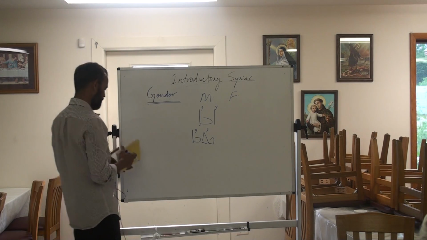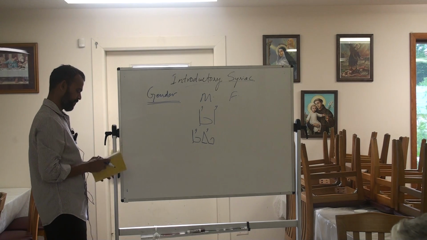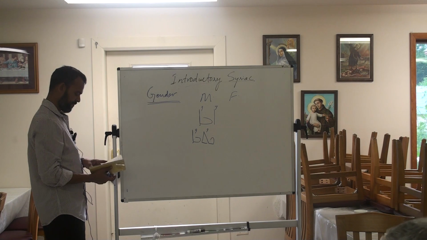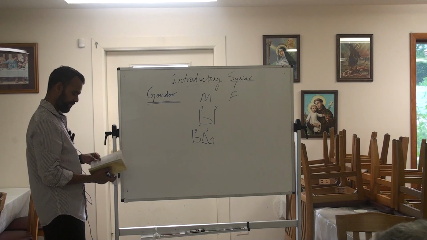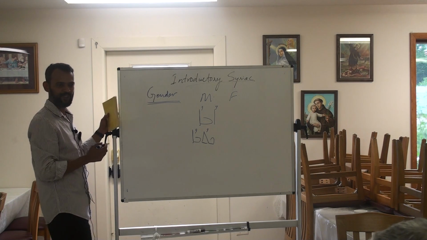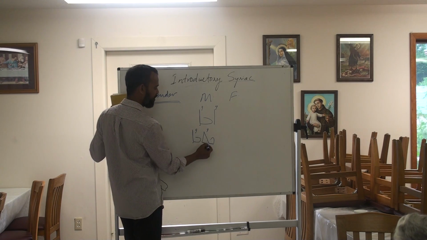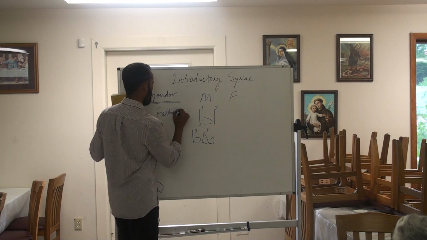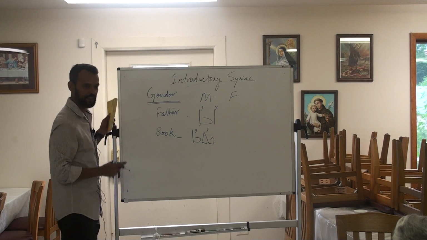Can you read this one? Ktobo. This O sound is for tau. Kto. Father. This one is book.